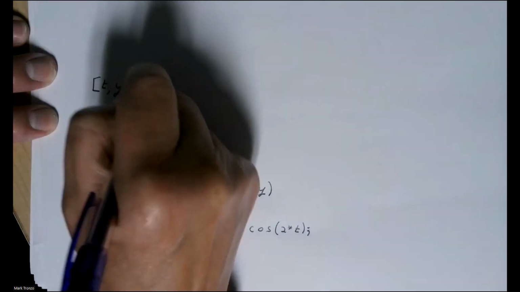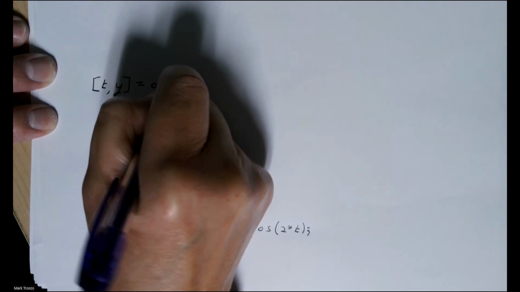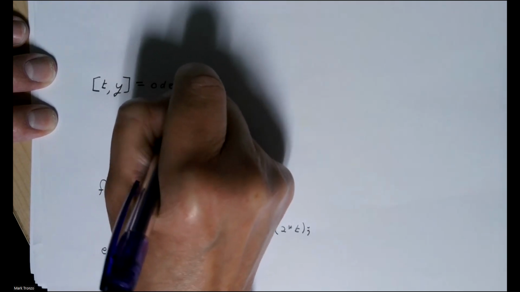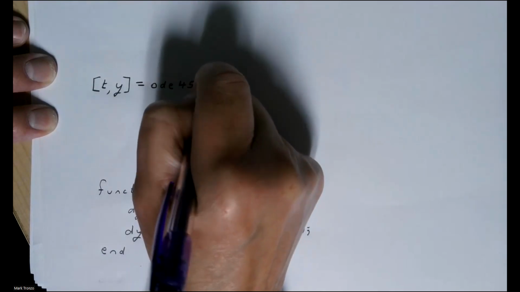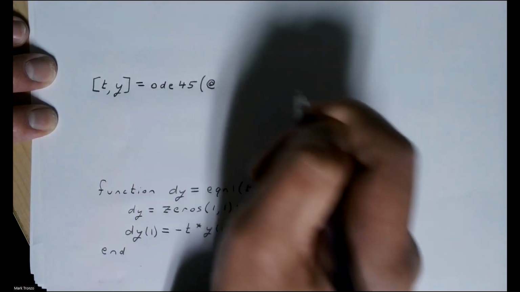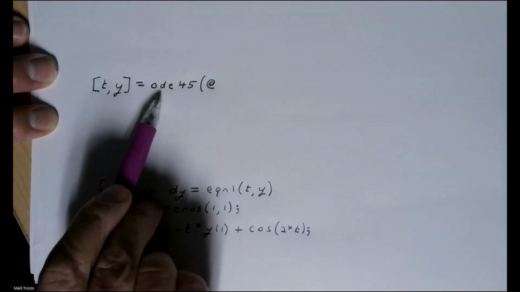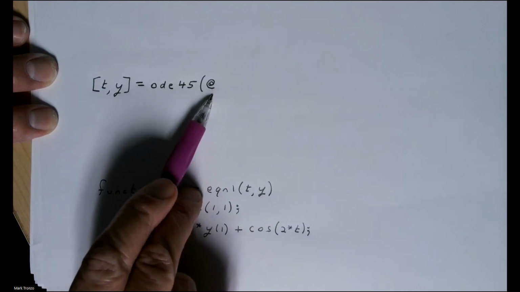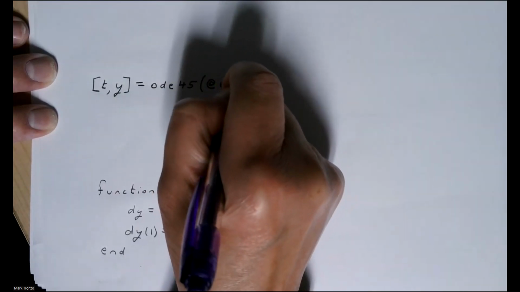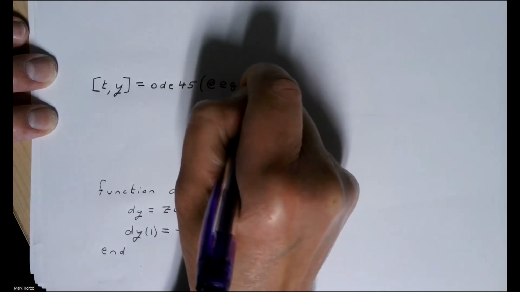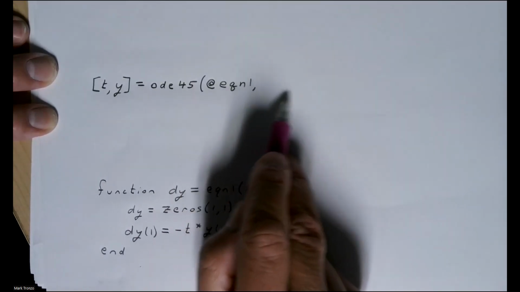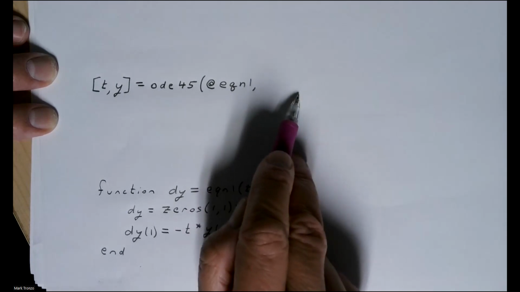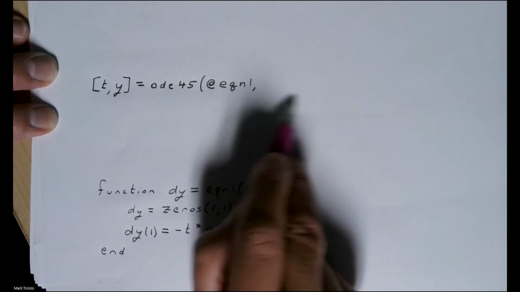I'm going to use the solver ODE45. There are lots of solvers in MATLAB, and I'm going to use this one; later on, we can get into the differences between them. You put parentheses, then an at sign and the equation name, which I called EQN1. Next comes the span over which you want to solve it, which in our case is 0 to 4, so we put 0 to 4 here in square brackets.